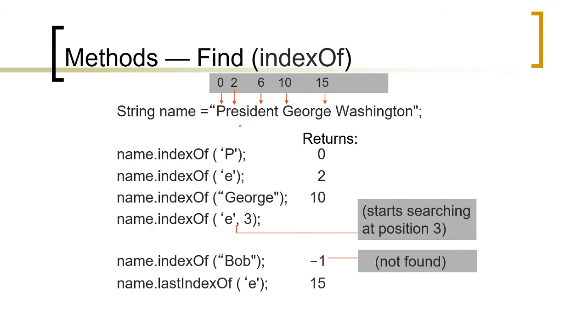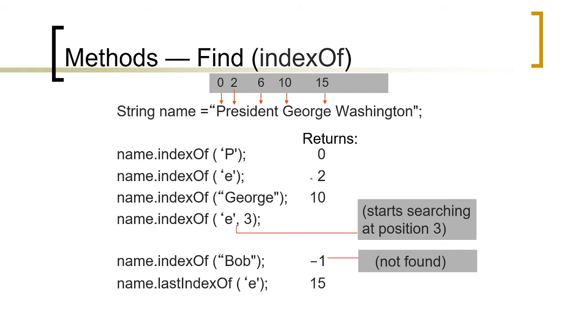They are at index 2, also 6, 11, and 15. However, the indexOf method will return the first occurrence of the character. The first occurrence of E is at index 2, so the index that will be returned is 2.